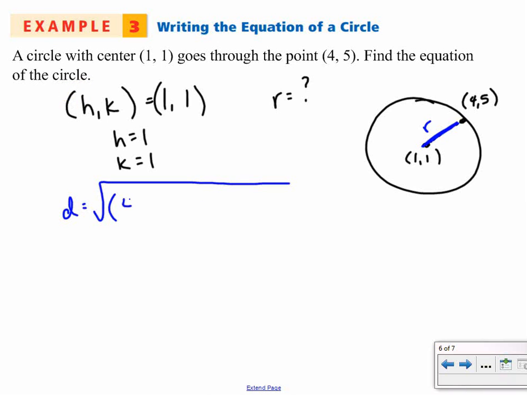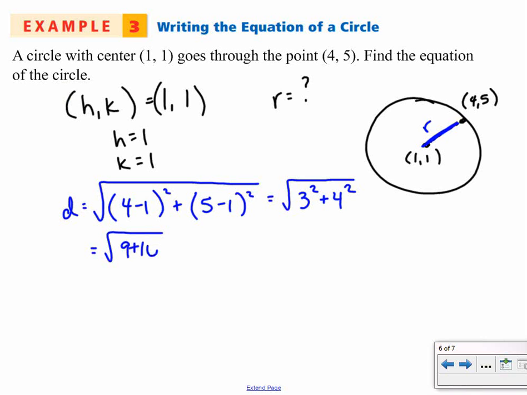So subtract the x's, 4 minus 1 squared. Subtract the y's, 5 minus 1 squared. So this would be the square root of 3 squared plus 4 squared, which is the square root of 9 plus 16. So that tells me that my radius is 5.